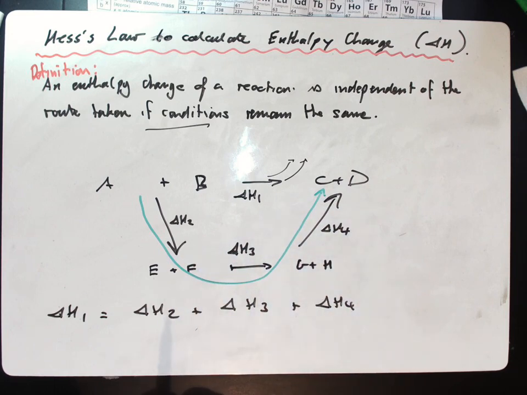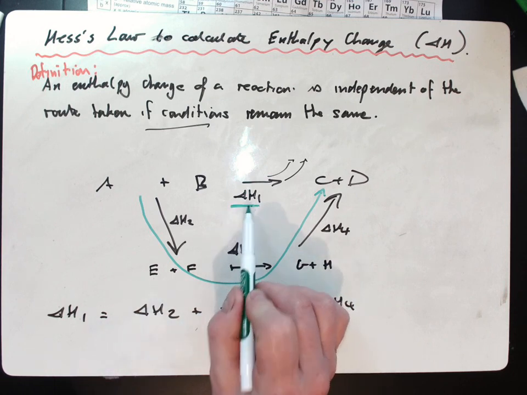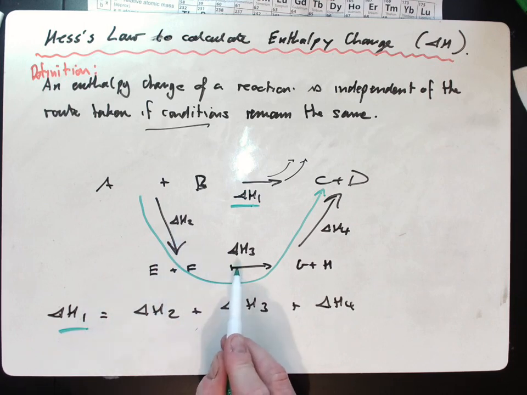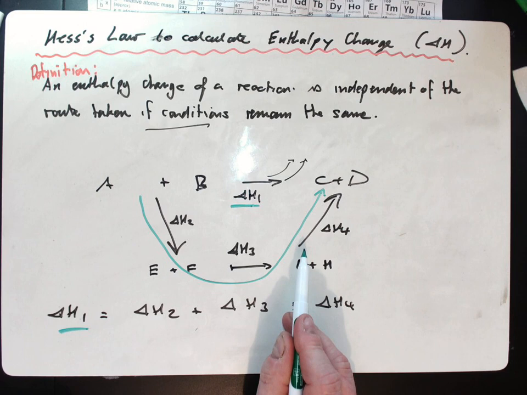So provided the initial and final conditions remain the same, the overall energy change should be the same. So in other words, delta H1 will equal delta H2 plus delta H3 plus delta H4.